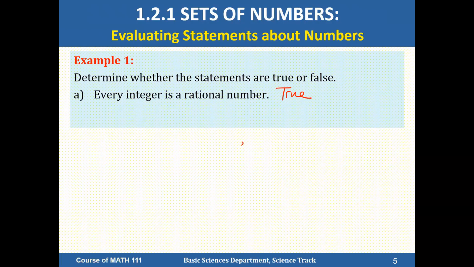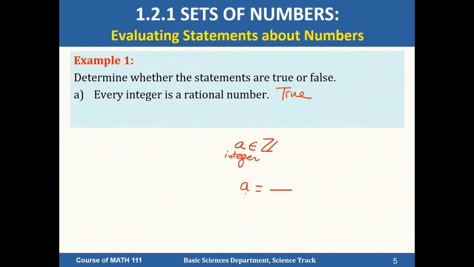If we take an element A in Z, an integer, does A belong to Q, the rational numbers? To prove this, we must write A as a ratio of two integers.